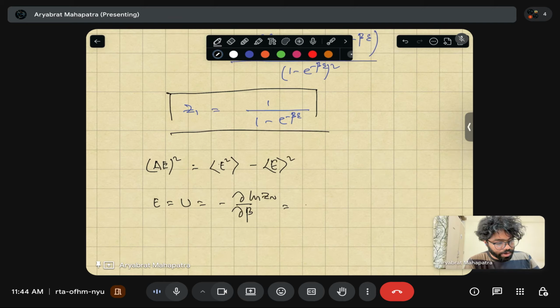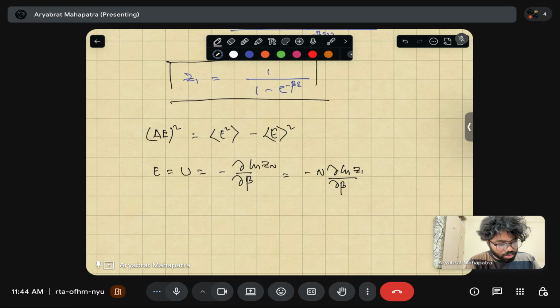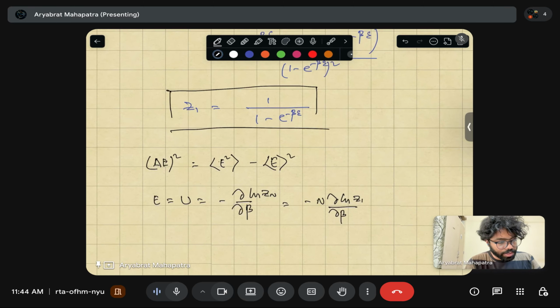So I can write it as n times the derivative of ln Z1 with respect to beta, and ln Z1 we computed right here.